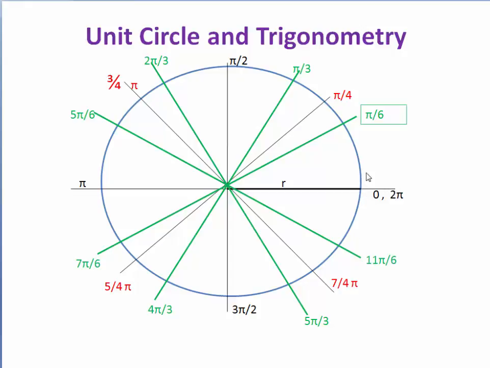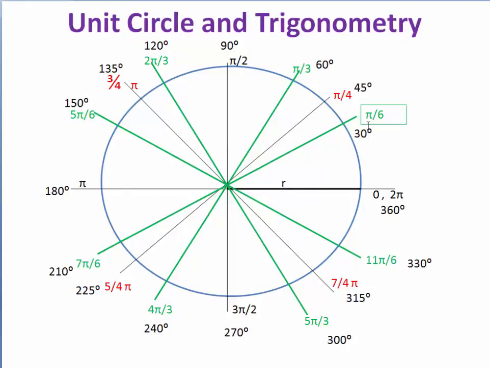So we always use the simplified fraction of pi, or in this case the whole is 2 pi. Okay, so those are our 30 degrees and our 45 degrees.